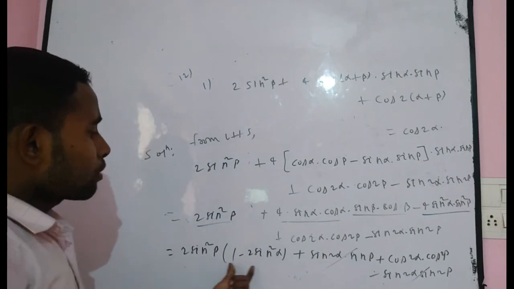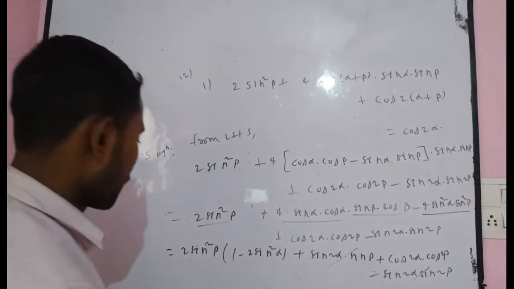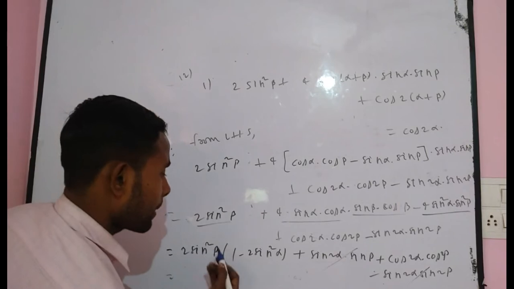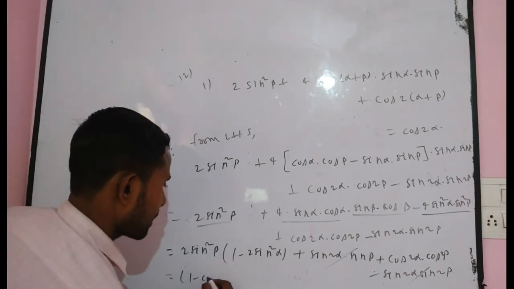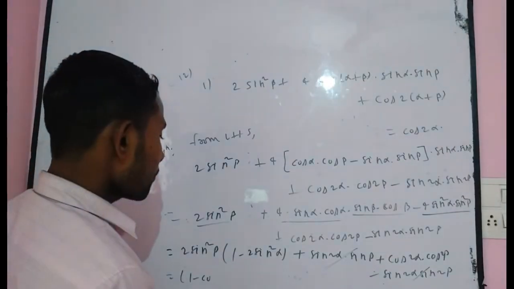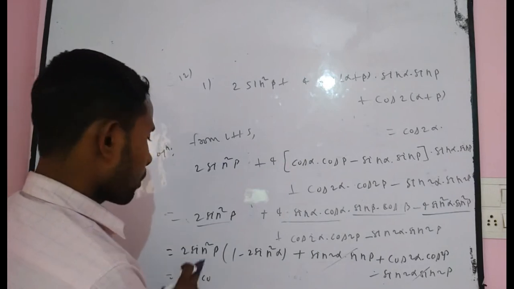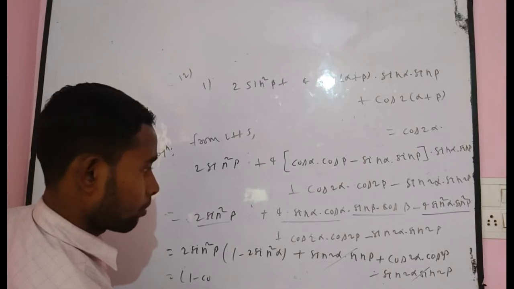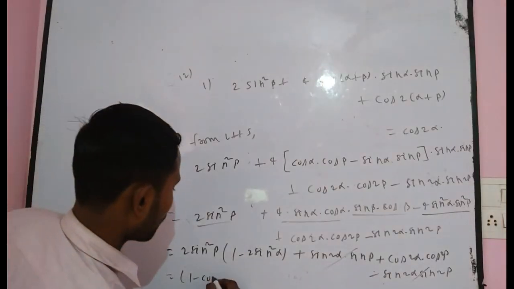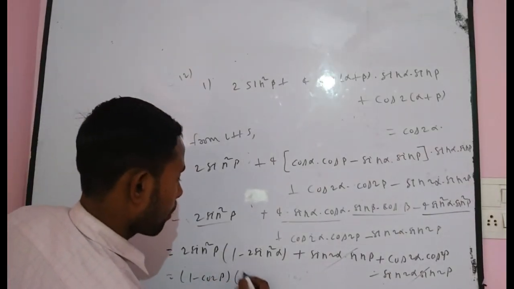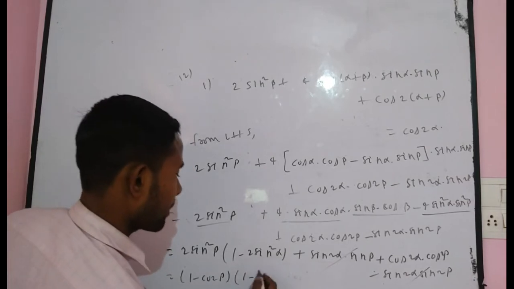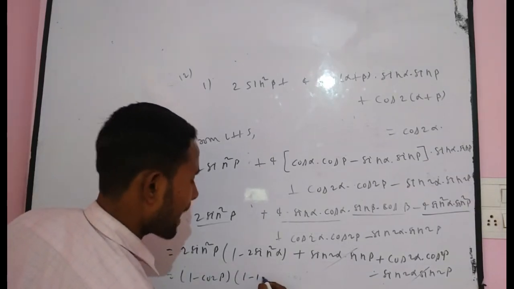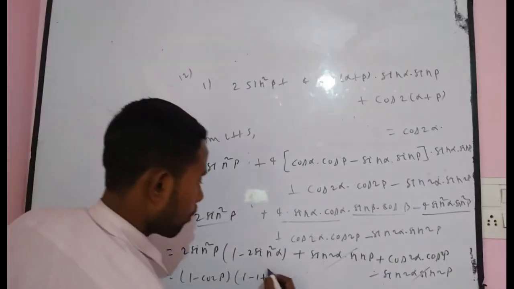Here 2 sin square beta into 1 minus 2 sin square alpha. Now 2 sin square beta can be written as 1 minus cos 2 beta, and 1 minus 2 sin square alpha can be written as cos 2 alpha.